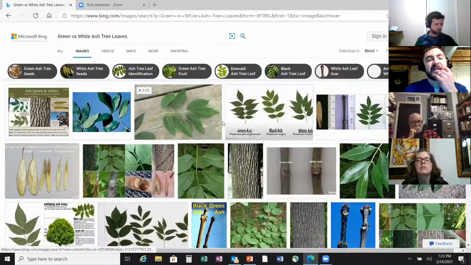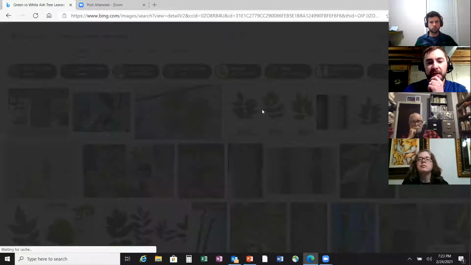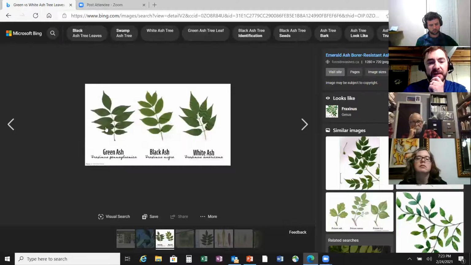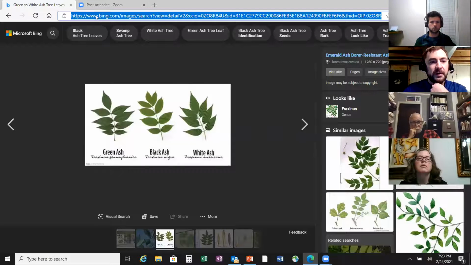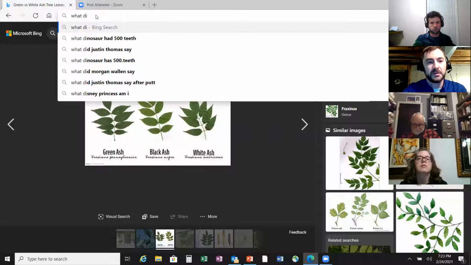You can see in this photo that my cursor is over. You can go off the leaf shape of green ash and white ash, but it's not as easy as being able to look at that leaf scar, and the bark of an ash tree in general isn't that different between the two.